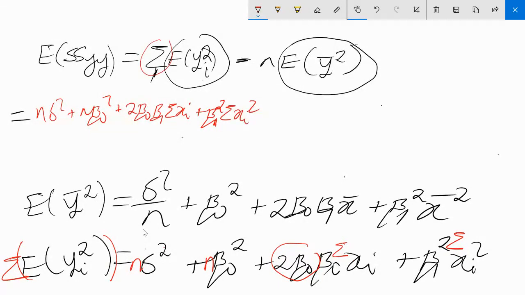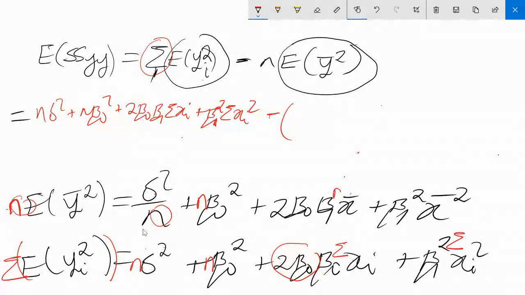So the summation is coming from here. Now, I bring in minus here. Let me bring n without the minus. Let me just bring in n there. And then this n will cancel with this. I will be left with sigma here. Here I will have n, and here I will have n x bar.